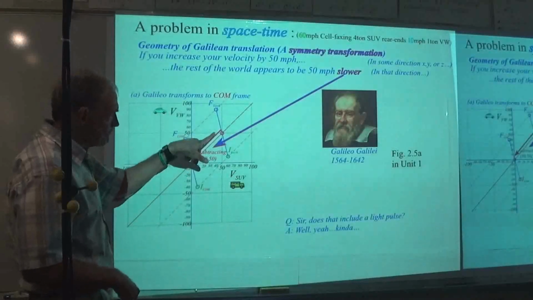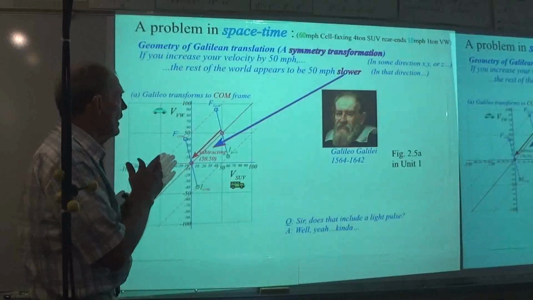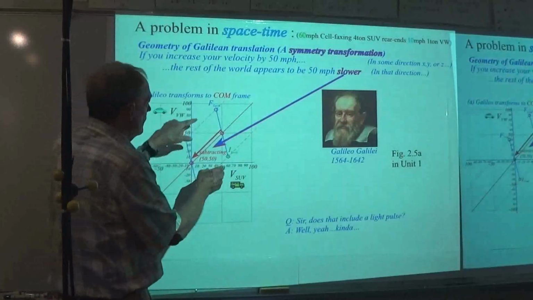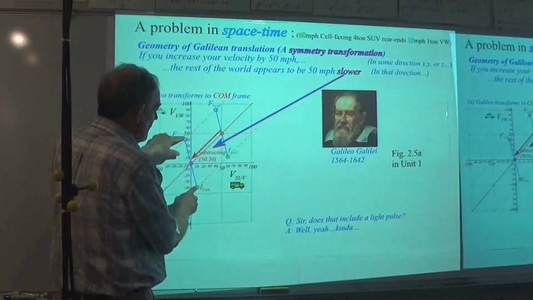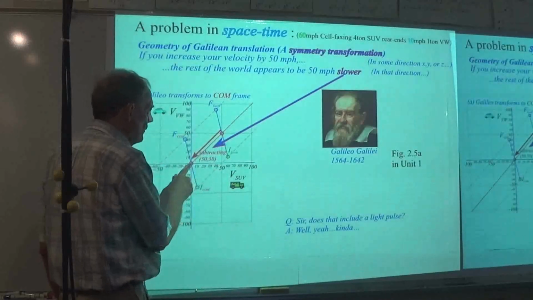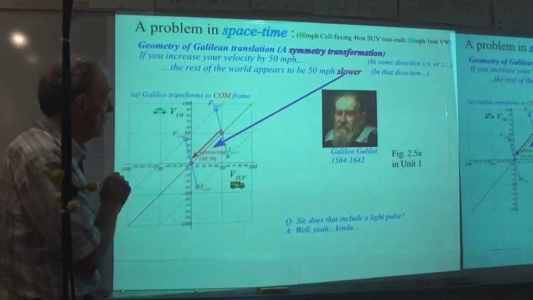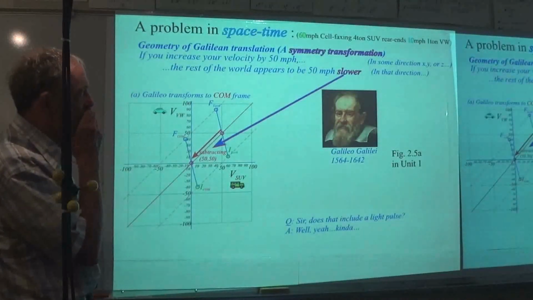But if you want to see what it looks like to somebody in a center of momentum frame, 50 miles an hour makes it go boom, like that. This point right here used to have a speed of 50 miles an hour, now its speed is 0. So there's the geometry of the Galilean transformation. That's all there is to it.